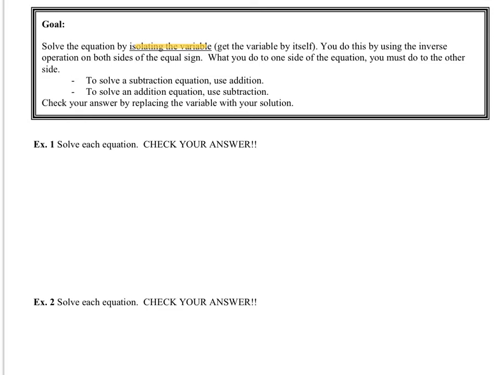If the variable is by itself, then we can find its value, to learn how much that variable is worth. Okay, so if it says x equals 10, that is the value of that variable.